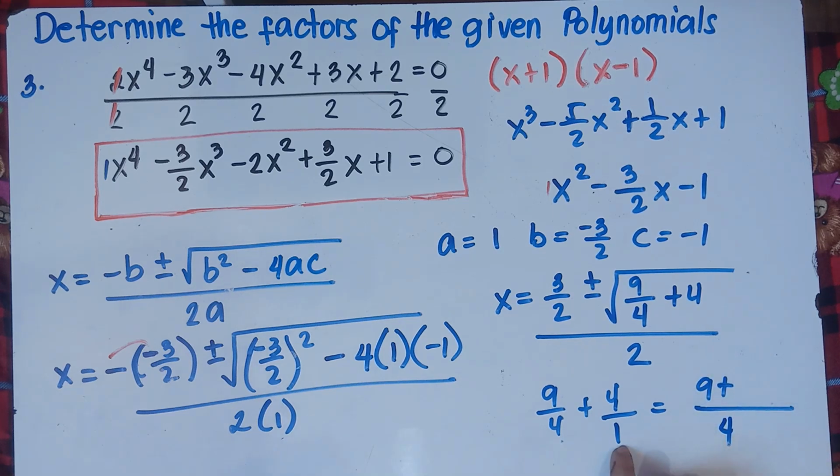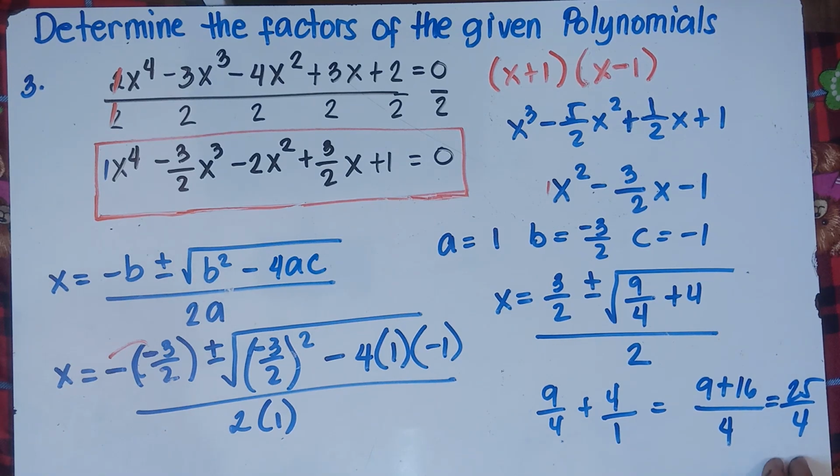Then 4 divided by 1 is 4, times 4 is 16. And 9 plus 16 would be 25 over 4. So 9 over 4 plus 4 is 25 over 4.